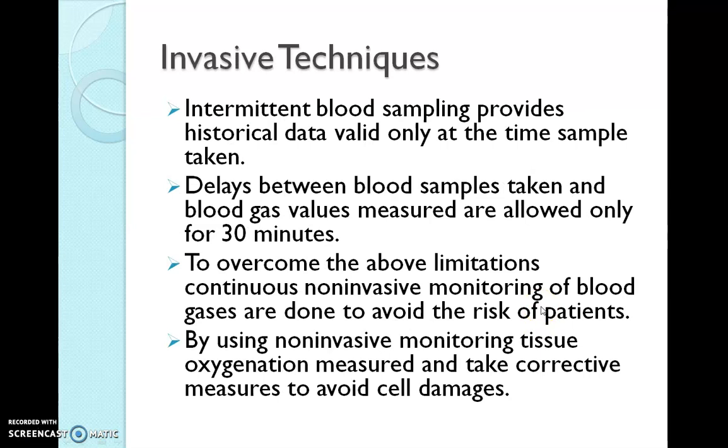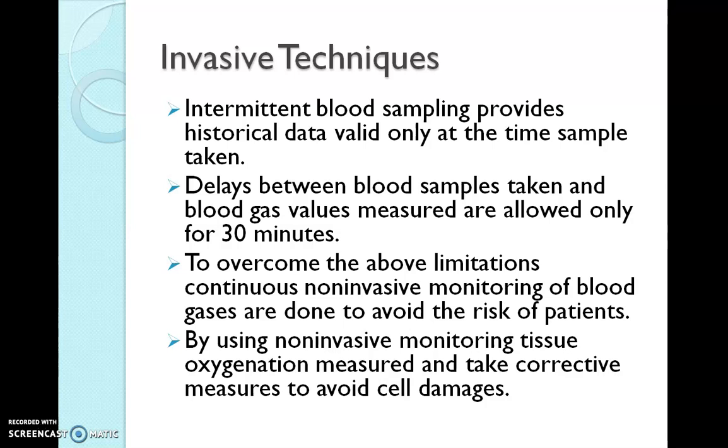What are the invasive techniques? Intermittent blood sampling provides historical data valid only at the time the sample is taken. The delay between the blood sample being drawn and the blood gas values being reported averages about 30 minutes. Invasive techniques are painful and have associated risks.